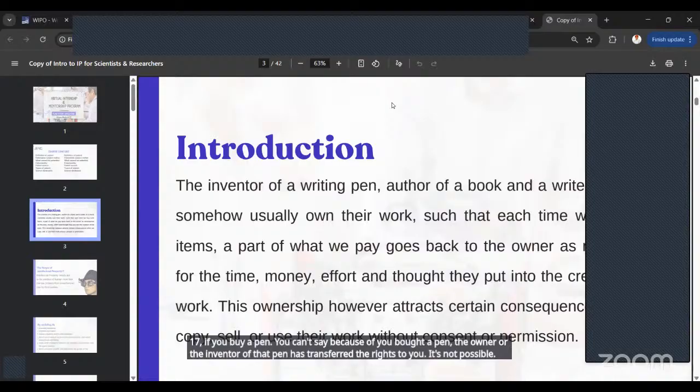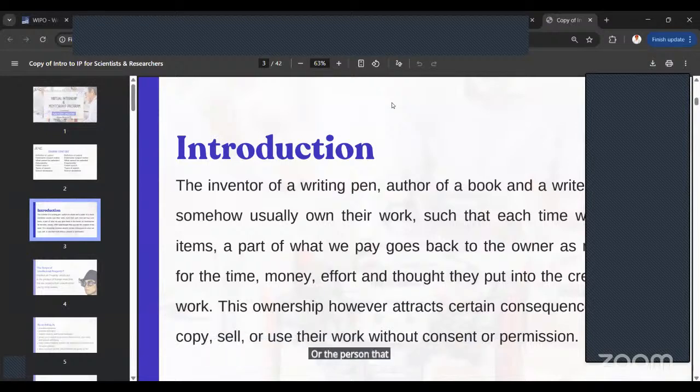So we need to understand that whenever we purchase anything that is protected as an intellectual property, a part of what we pay for that particular item goes to the inventor or the author or the person that created that particular intellectual property. And this is why IP is there to do what?